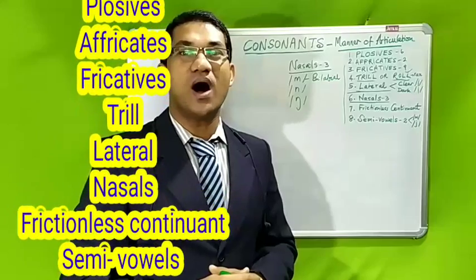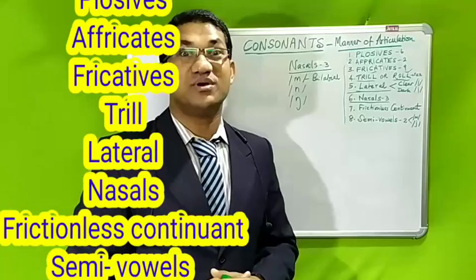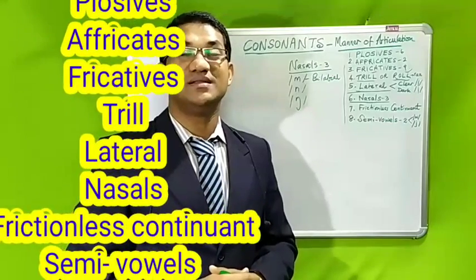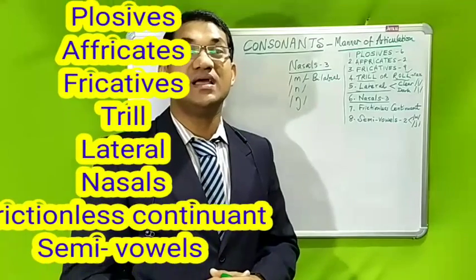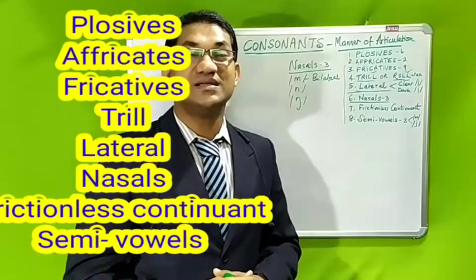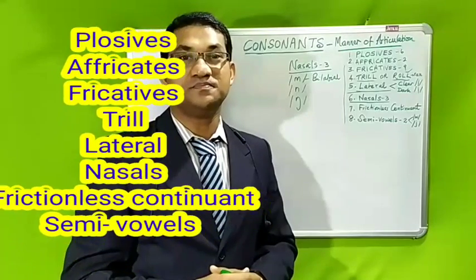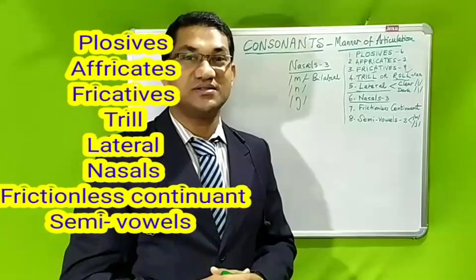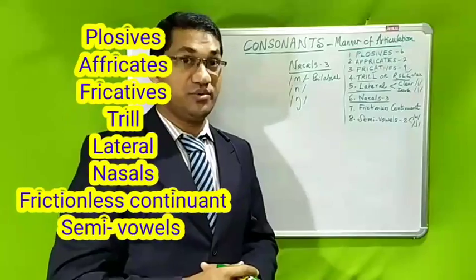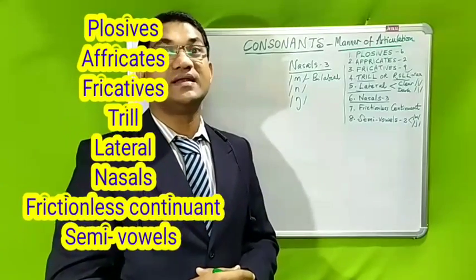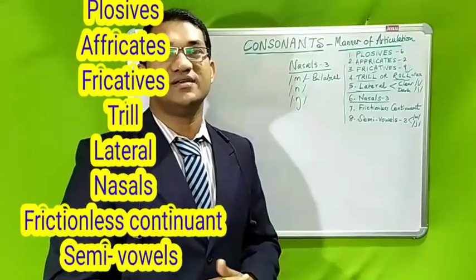No air can go out through the oral cavity because of the closure between the outer edge of the tongue and the roof of the mouth. The tongue is against the alveolar ridge, and the entire rim of the tongue is against the roof of the mouth, to be very precise, the alveolar ridge. And we can say that the air is escaping through the nasal cavity.